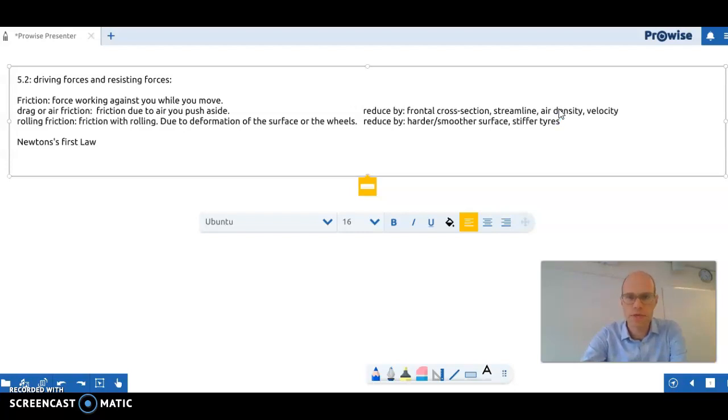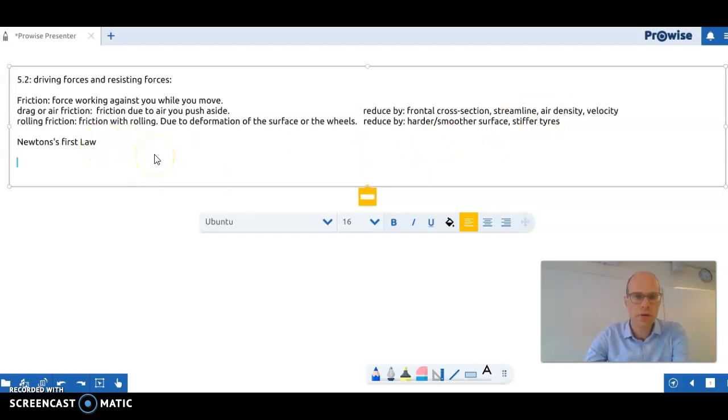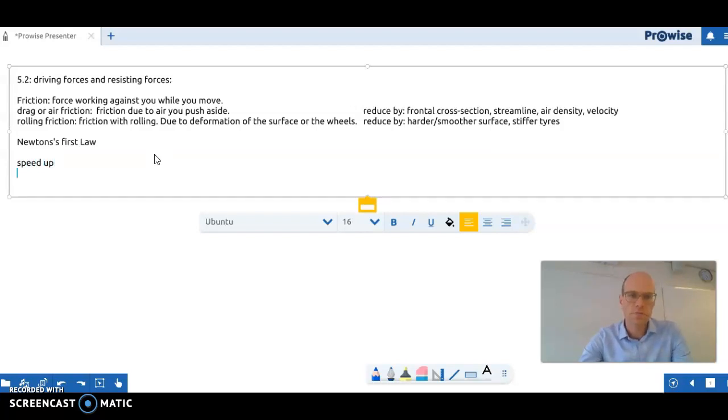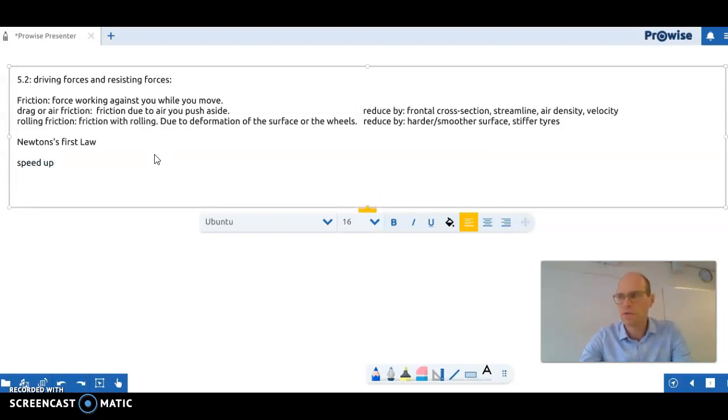This is what makes you go, but drops your velocity, and this is something that has to do with Newton's first law. With Newton's first law, I want to take into account three situations. The first situation is when you speed up. Speeding up is, for instance, if you are standing in front of a stoplight and it's red, and it goes green.